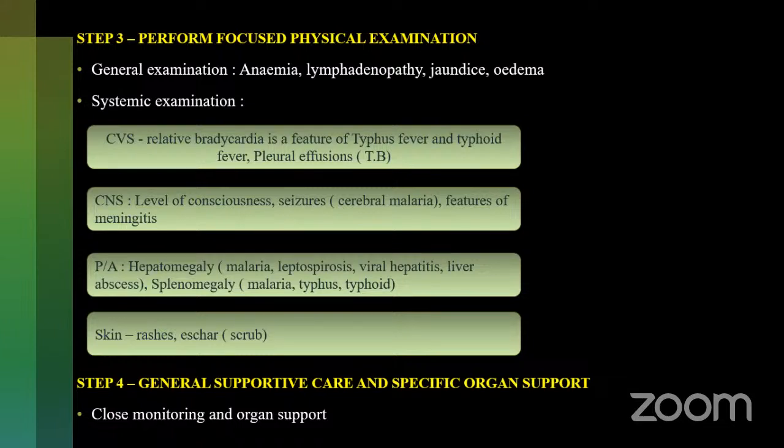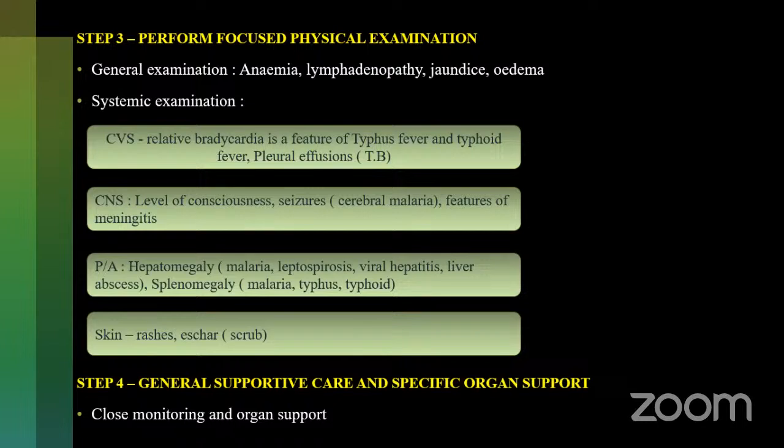Look at levels of consciousness and seizures; seizures particularly point towards cerebral malaria. Also look for features of meningitis. In the abdomen, we need to look for hepatomegaly that can suggest underlying malaria, leptospirosis, or viral hepatitis. Splenomegaly can point towards malaria, typhus, or typhoid fever. In the skin, we need to look for rashes and also the presence of an eschar. Eschar is very classically seen in scrub typhus.